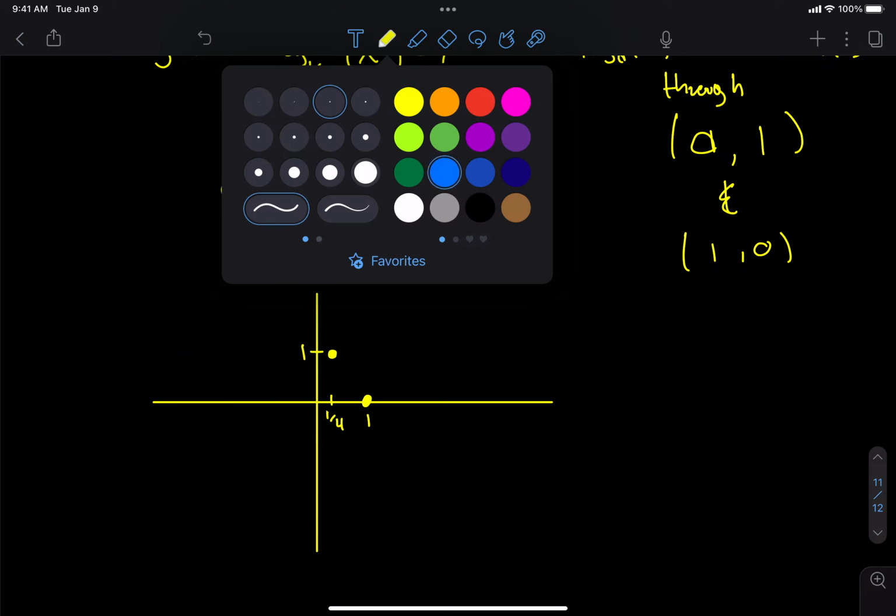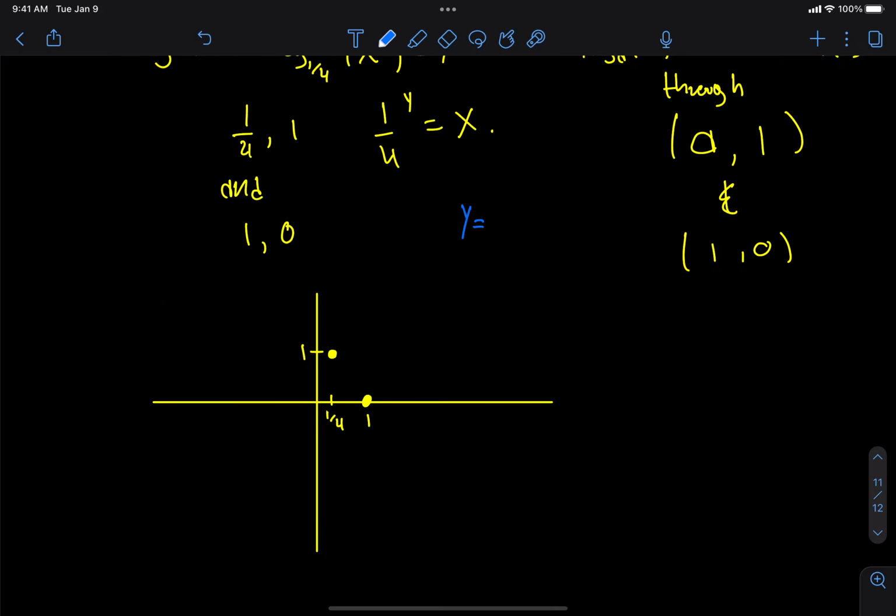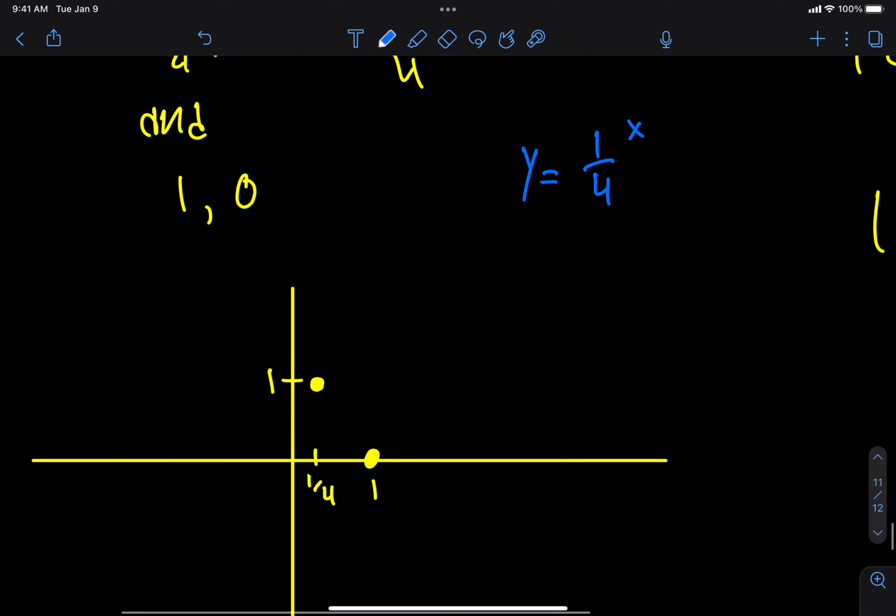Let's draw the curve y equals 1/4 to the power x. It would pass through the points 0, 1, and 1, 1/4. So it would look something like this.